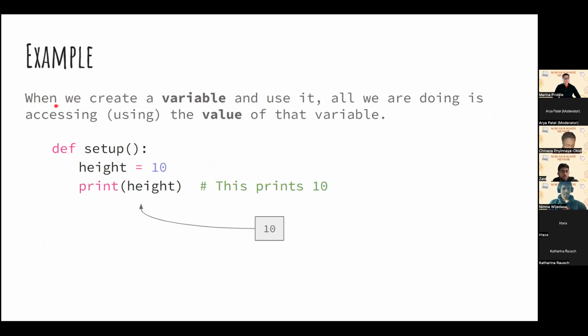When we create a variable and use it, all we're doing is accessing the value of that variable. So, we set up our setup function, and inside it we created a variable height. We assigned that value. So our height is what? Is that a string, an integer, or a float? Integer, exactly.